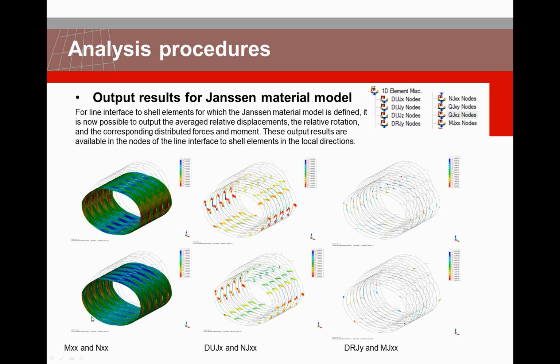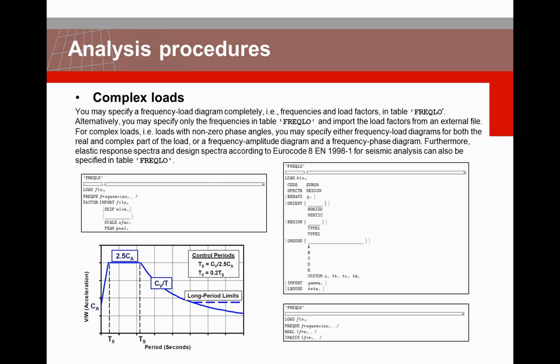So here you see the cross-section forces and bending moments in the concrete shield segments, and here you can see cross-section relative displacements and forces, or relative rotations and bending moments, in the interfaces between the segments.